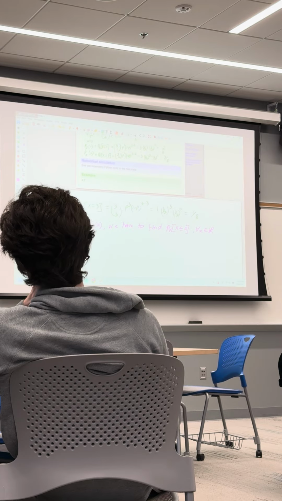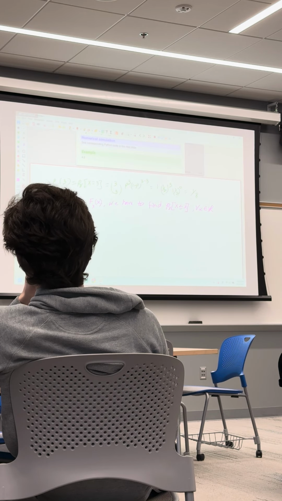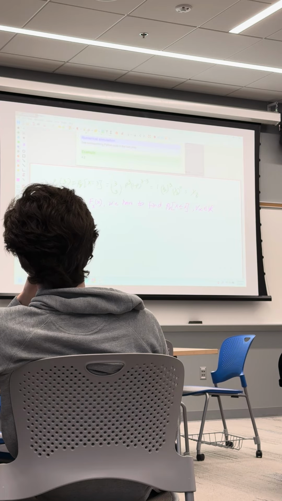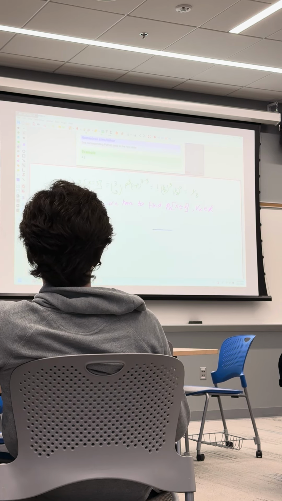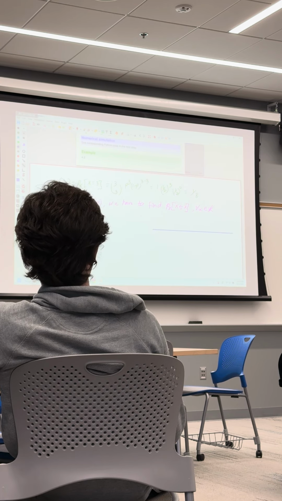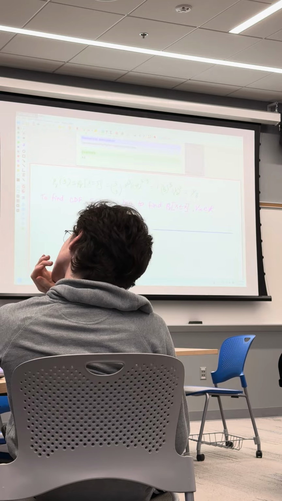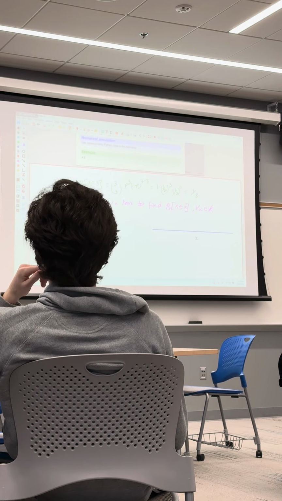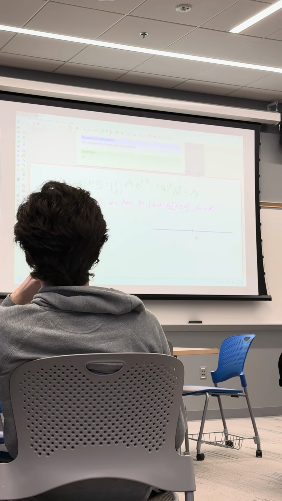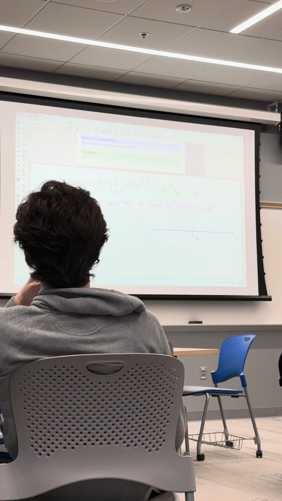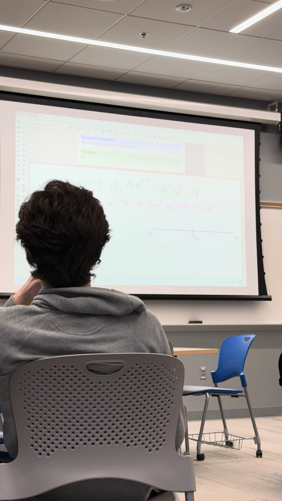So first, let's draw that real line. You have this real line, and then x can take any value. Let's put 0 right here. So this is your infinity, and this is your negative infinity. So x can take any value in this range.